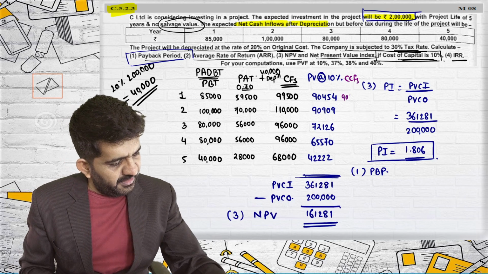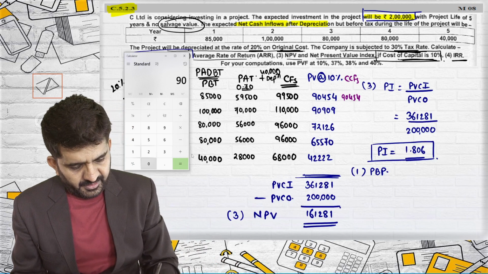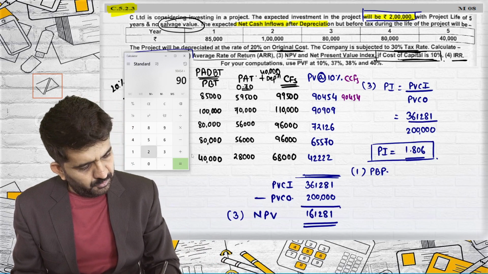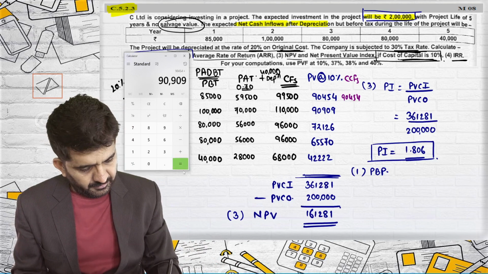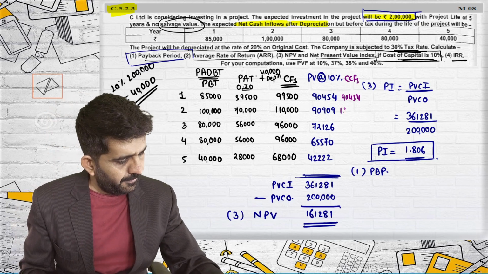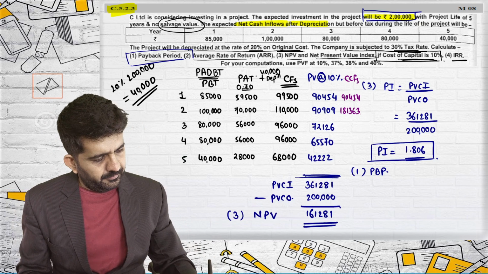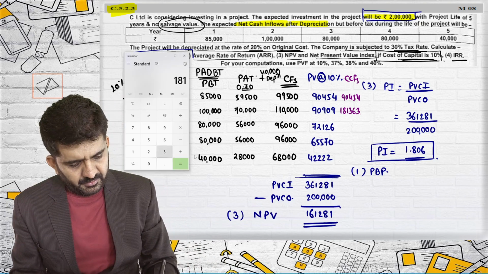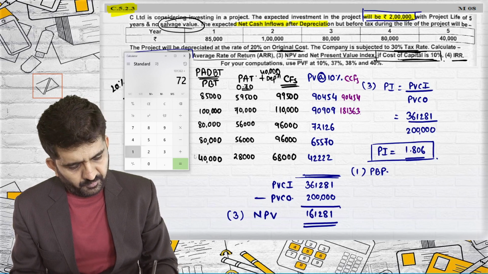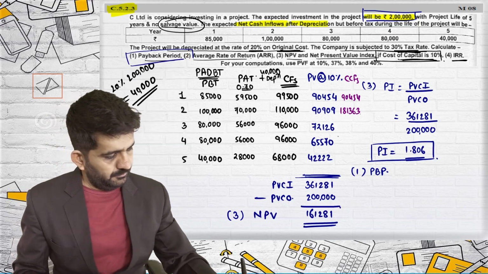This will be 90,454, plus 90,909 gives 181,363, plus 72,126 gives 253,489.